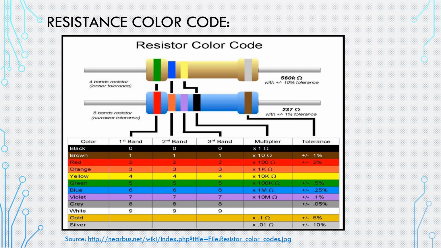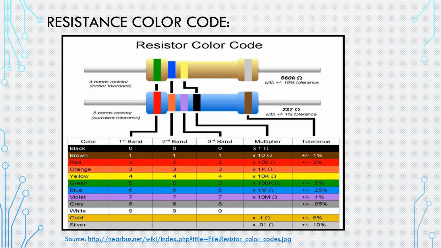What about the tolerance? We find the tolerance from the last column, corresponding to the last color of the resistor, which here is silver, and the tolerance should be equal to 10%. What we mean by tolerance is just the percentage of error of the actual value of the resistor.